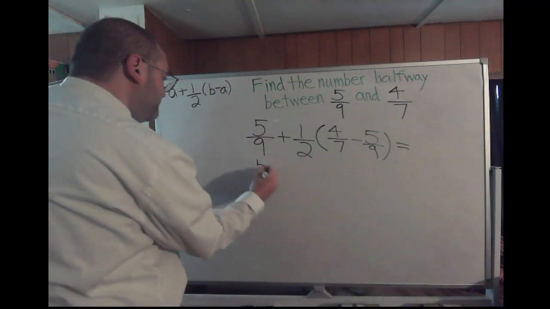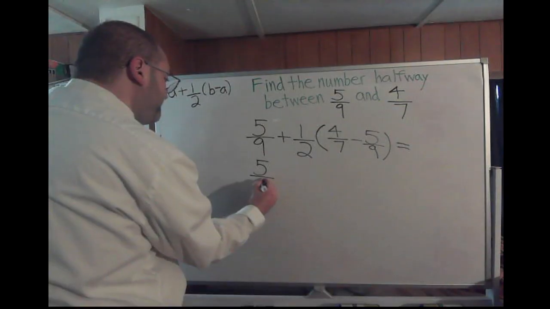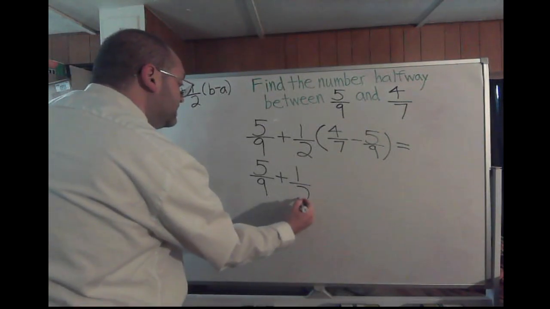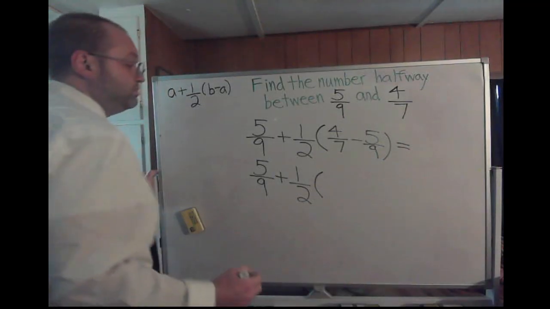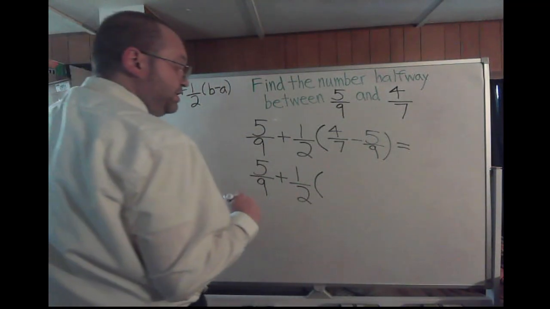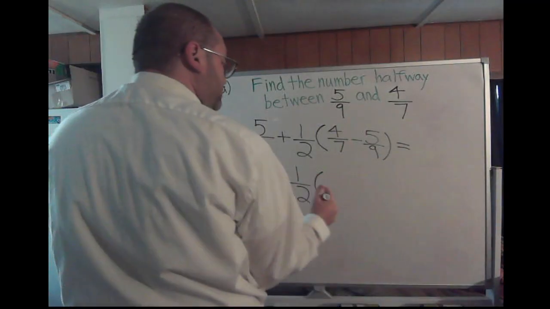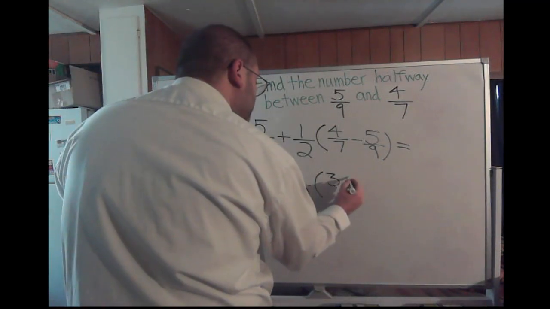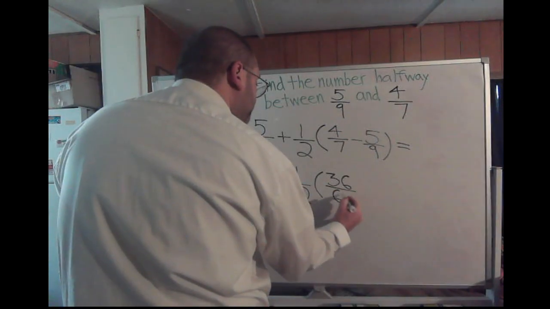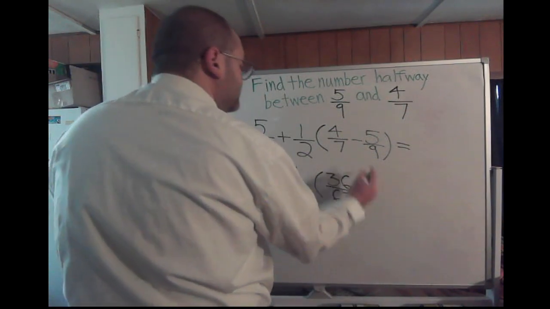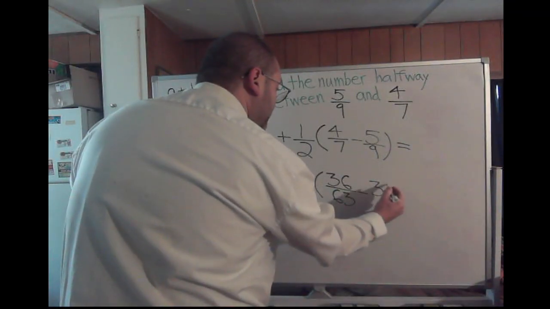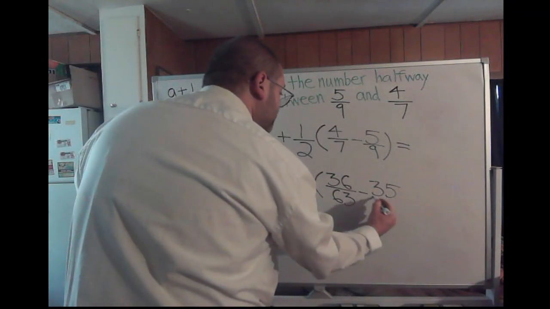Well, we'll still have 5/9 plus 1/2 times what's inside. Let's see, our least common denominator of 7 and 9 is going to be 63. So multiply 4 by 9, you'll get 36 over 63 minus, alright, we got to multiply 5 by 7, you'll get 35 over 63.